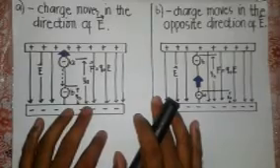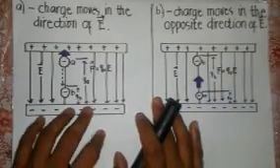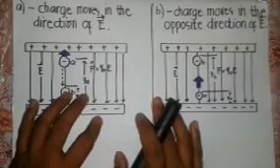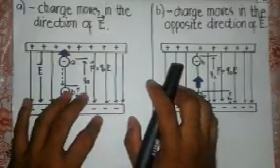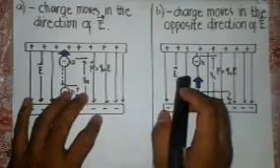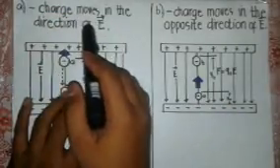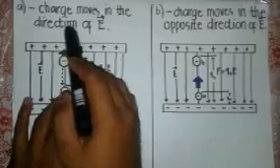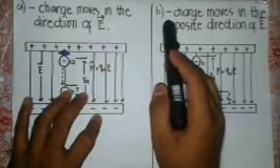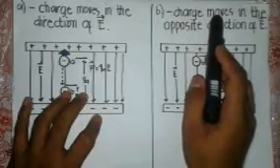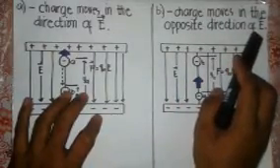So these are the conditions for negative charge, and this is under the concept of electric potential energy in a uniform electric field. Now for A, we have our negative charge moves in the direction of our electric field, and in B, we have our negative charge moving in the opposite direction of our electric field.